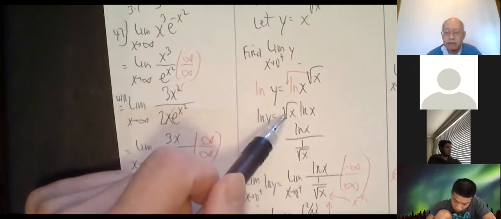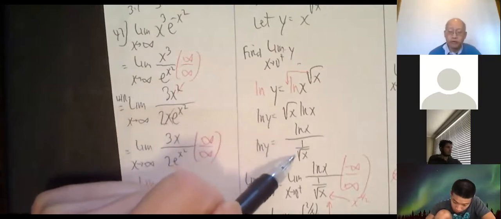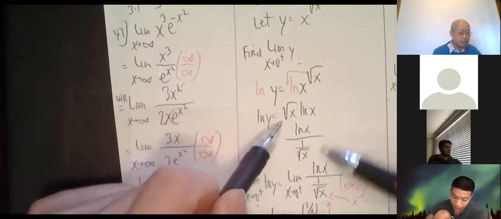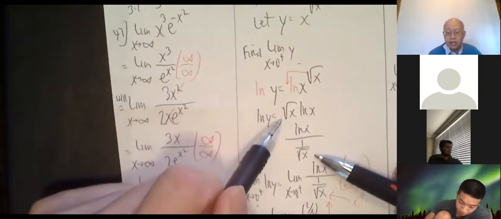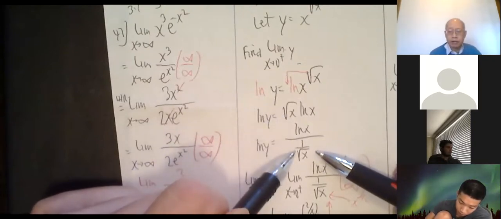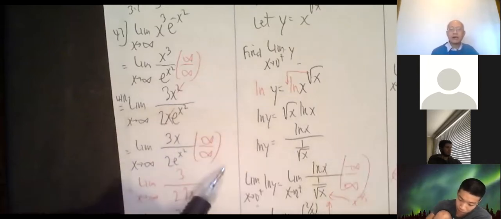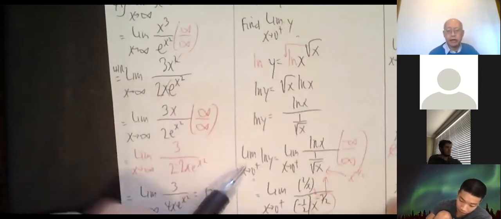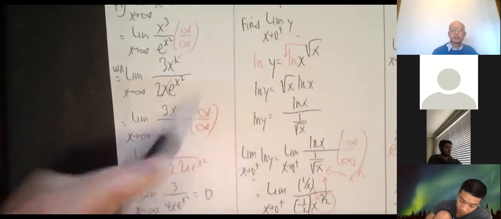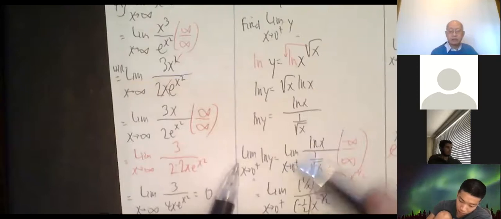So multiplying by radical x is dividing by 1 over radical x. Okay, so I claim that these two are indeed the same. Multiplying by radical x, dividing by 1 over radical x. Now I take the limit as x approaches 0 from the right of both sides, so to speak. If that equals that, they have the same limit.